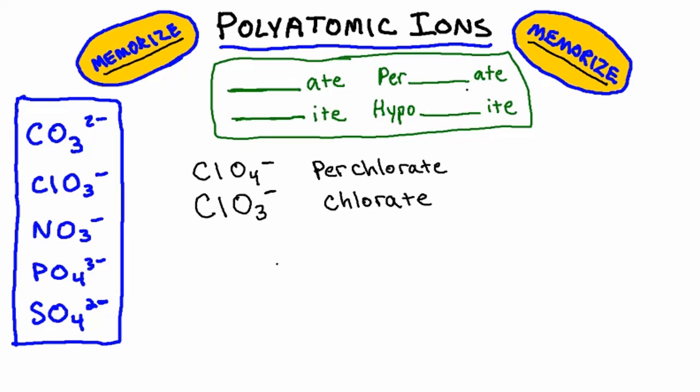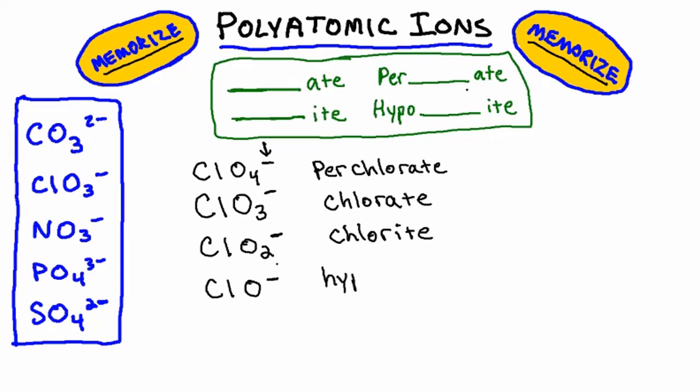If we take away an oxygen from this chlorate and we make ClO2 with a negative charge, because remember these are ions, so they're always going to have a charge. So ClO2 would be chlorite. And what if we took away another oxygen from this? So we just have ClO with a negative charge. That would be hypochlorite.